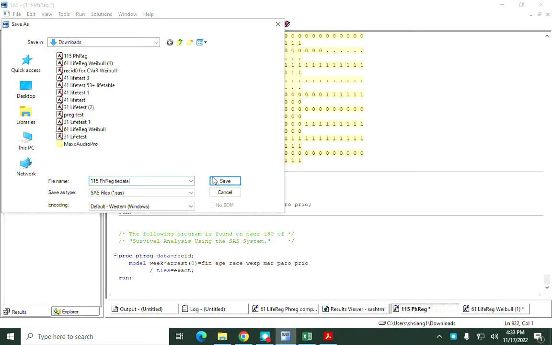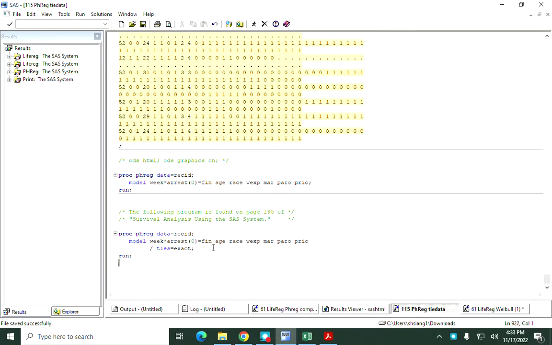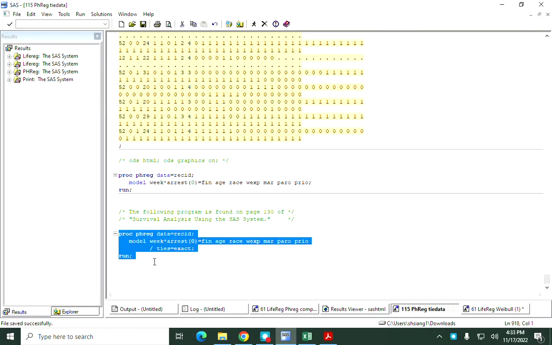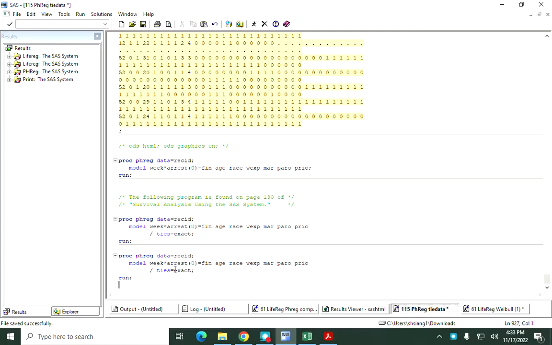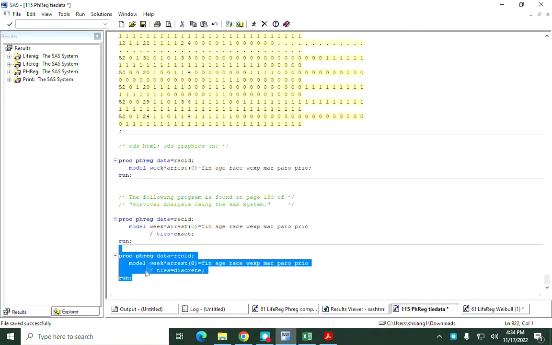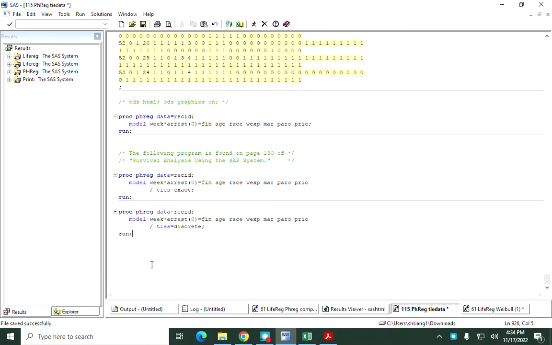Okay. And the approximation, I'll come back and explain to you what that is. SAS default is using Breslow. Okay. So you can here just use discrete or Efron.